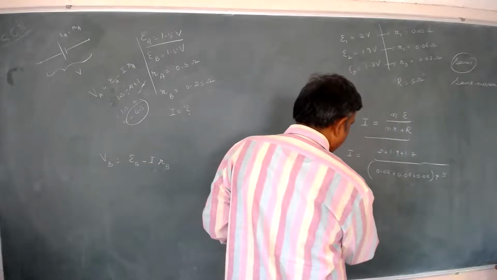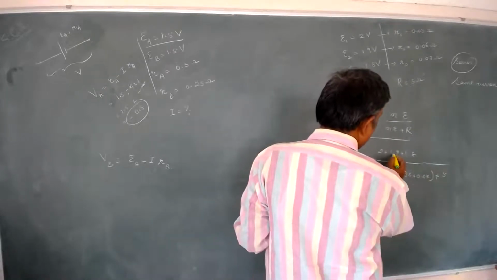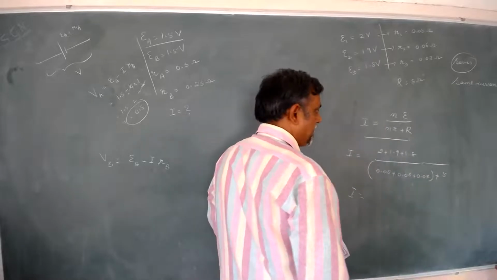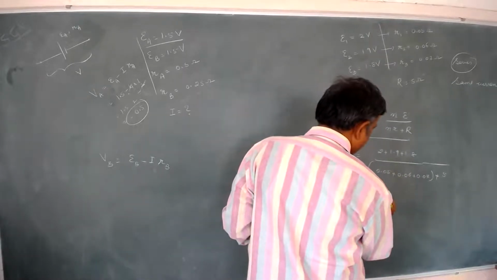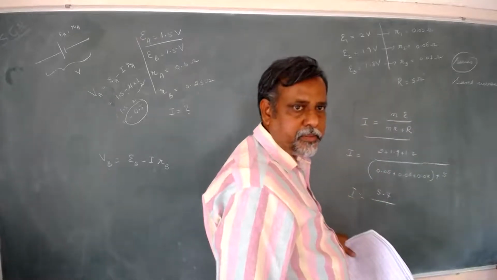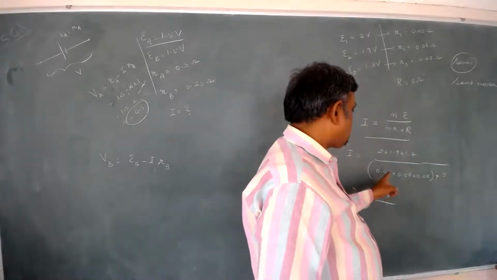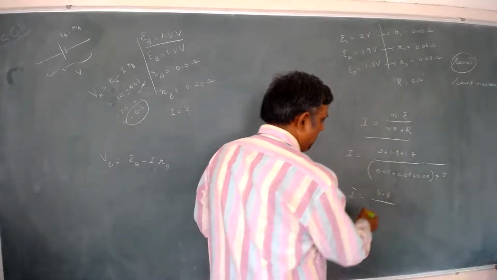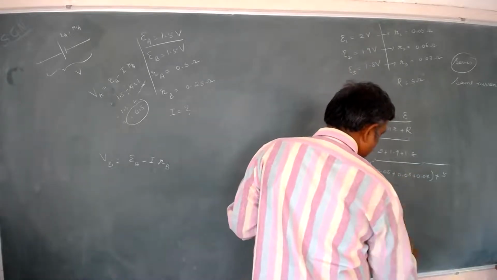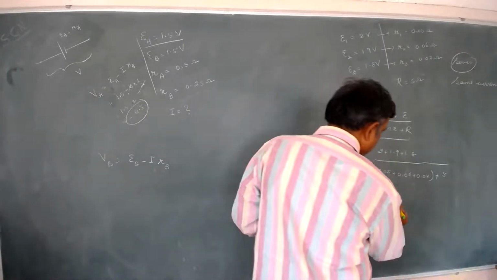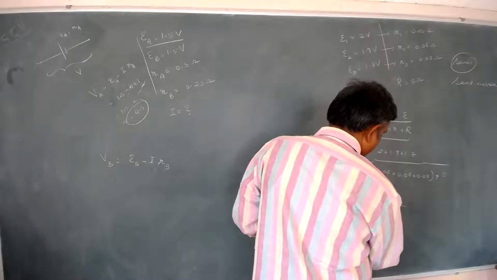So current I is equal to 1.9 plus 1.8, how much? 3.7, 5.7. Understood? So this is how much? 0.18. Understood?